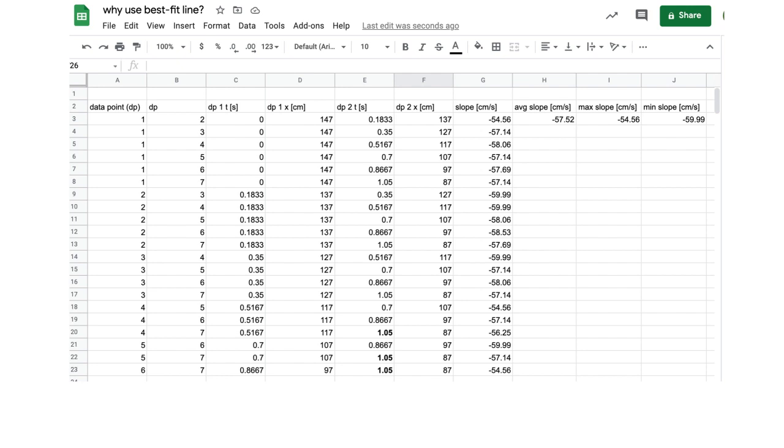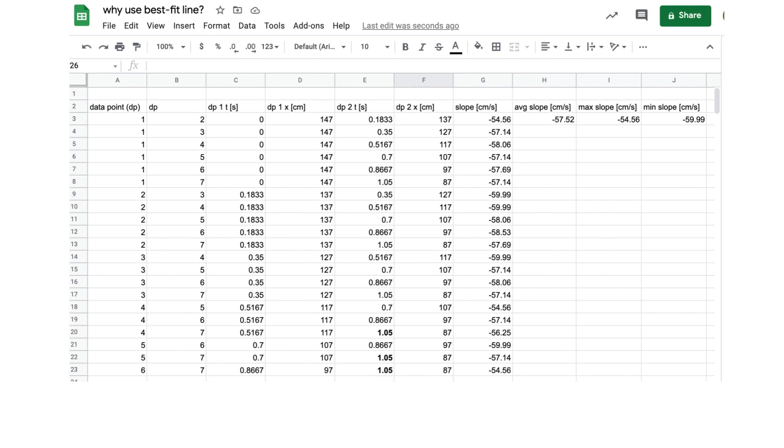But you can see here in column G, I get a whole bunch of different slopes. All right, so 21 different slopes. Which of those 21 is correct? Well, if you have 21 different slopes for the same set of data, maybe the best thing to do is to take the average. The average of all of these 21 slopes is minus 57.52 centimeters every second.